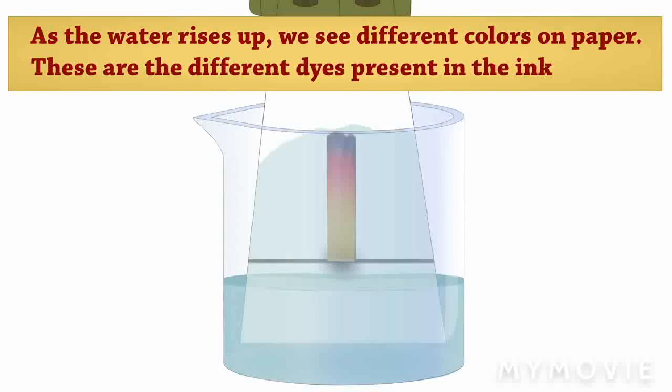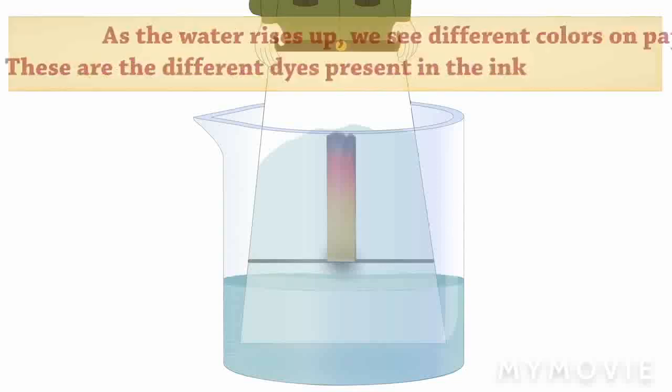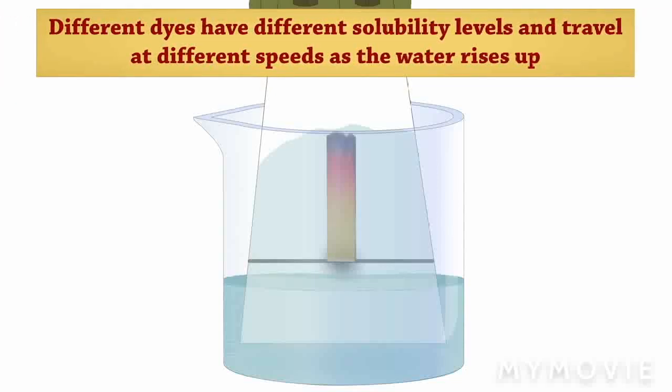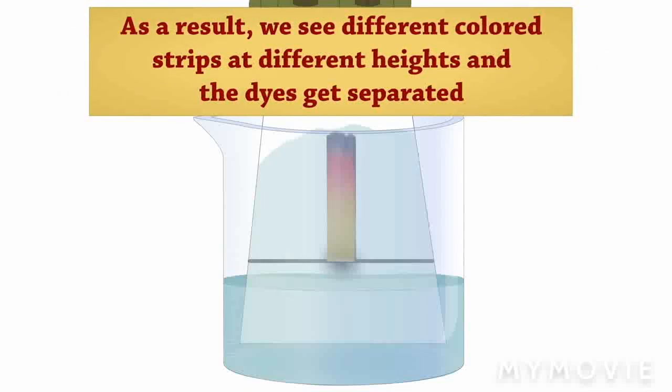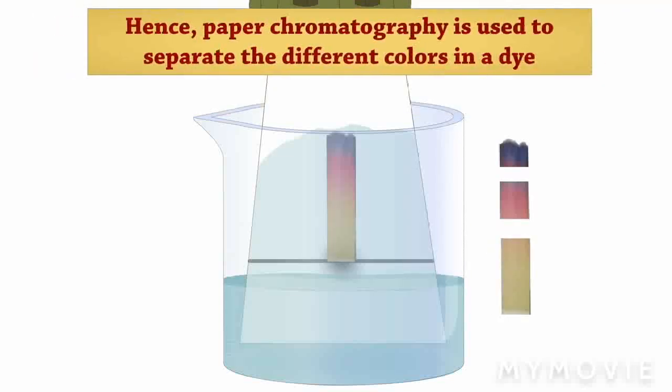These are the different dyes present in the ink. Different dyes have different solubility levels and travel at different speeds as the water rises up. As a result, we see different colored strips at different heights, and the dyes get separated. Hence, paper chromatography is used to separate the different colors in a dye.